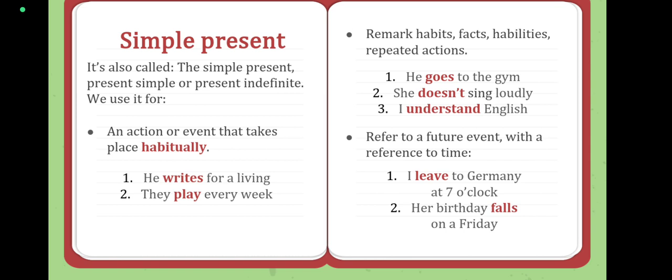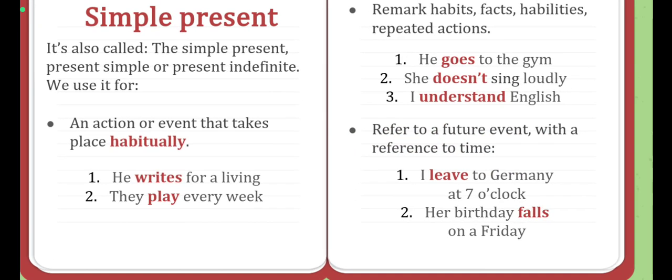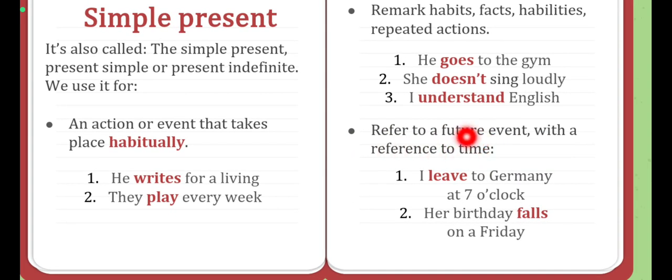So how is this possible? How can we use simple present, which is a verbal tense in present, to talk about a future event? Well, it is not as easy as you might think. In this case, if you want to refer simple present to a future event, you will always need a time reference for the future.